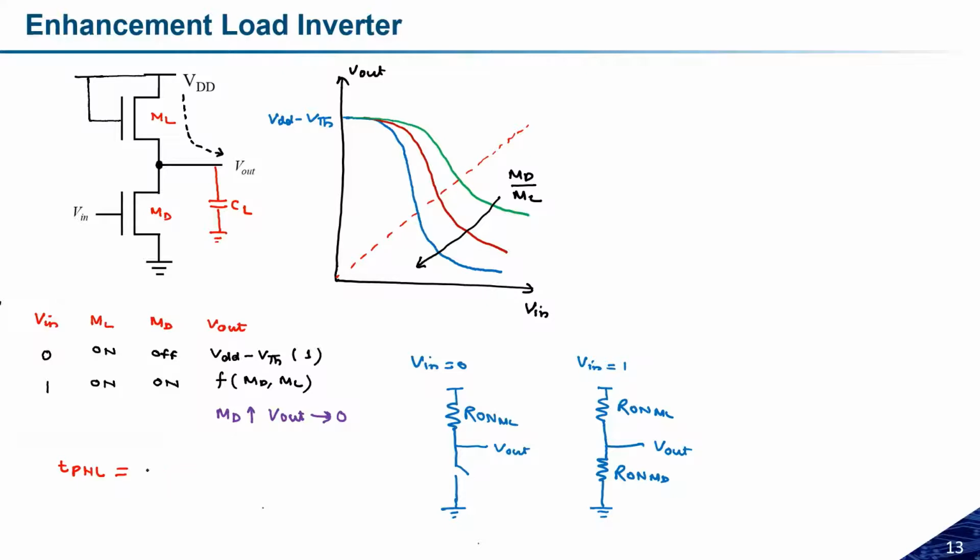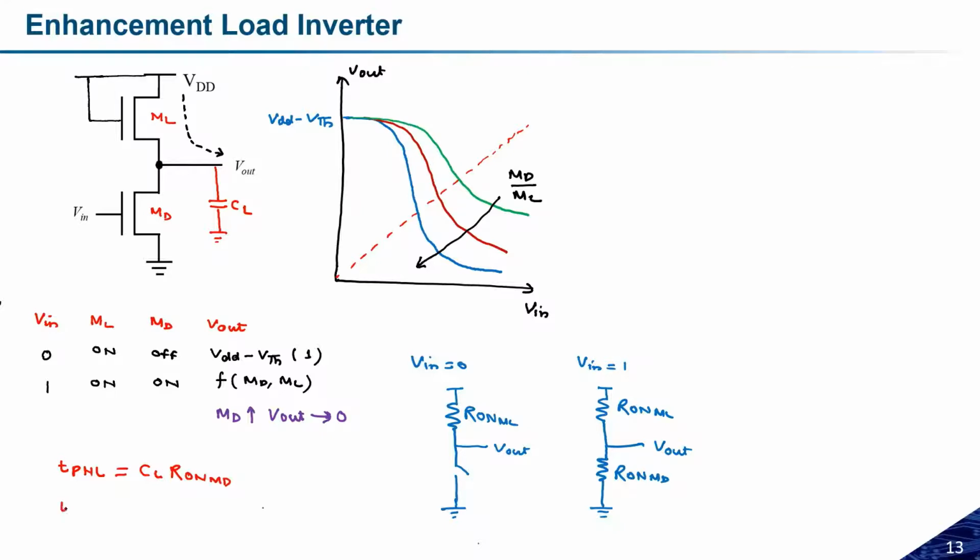We have some load resistance, so it will be nothing but CL times R on of ML. Sorry, this component depends on MD, so R on of MD.